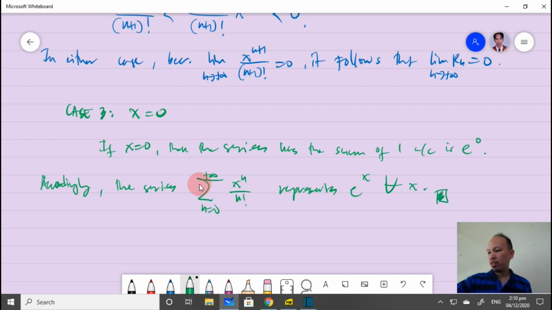Okay, so that's how you are going to show if the series is represented by the given function for all x.